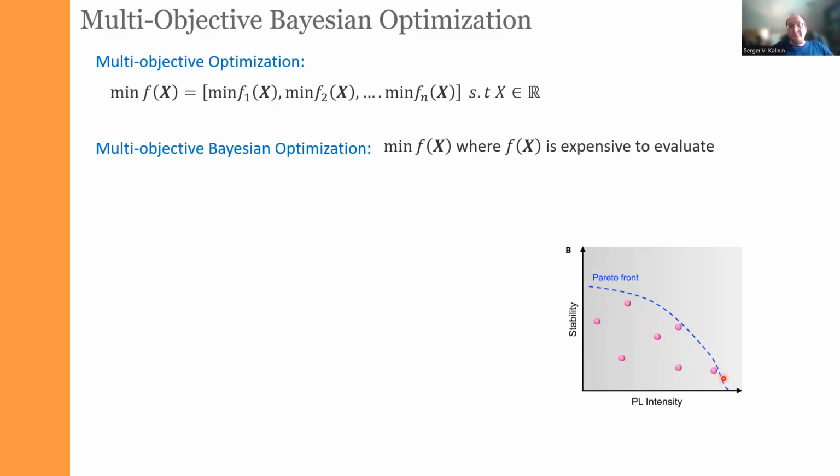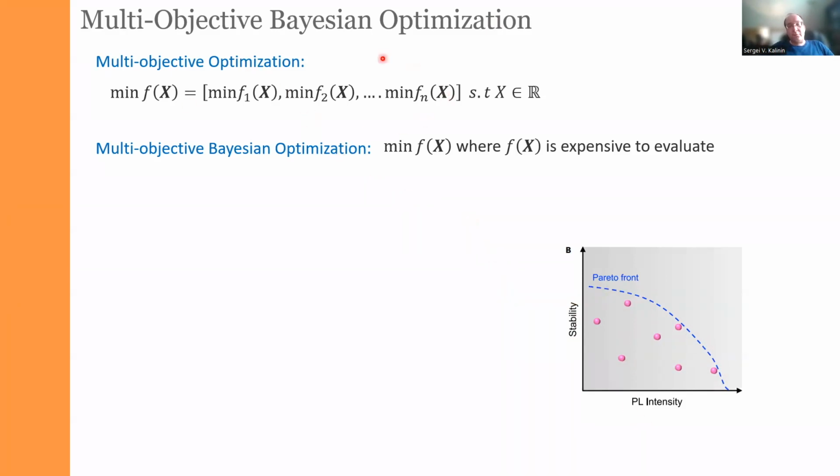Notice that for multi-objective optimization, we cannot discover a single object with the properties that we seek. But ultimately, what we want to do is to find this Pareto front in our parameter space.